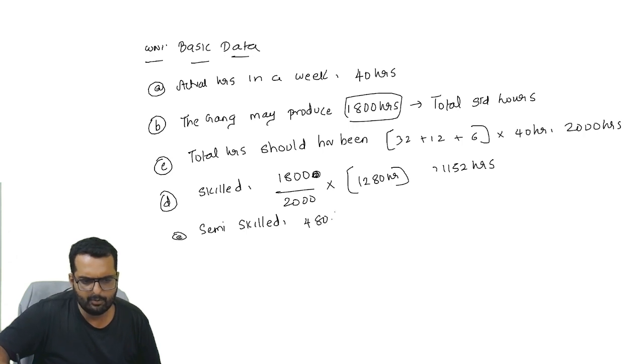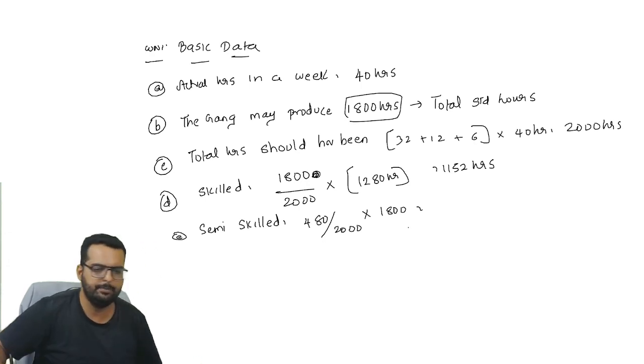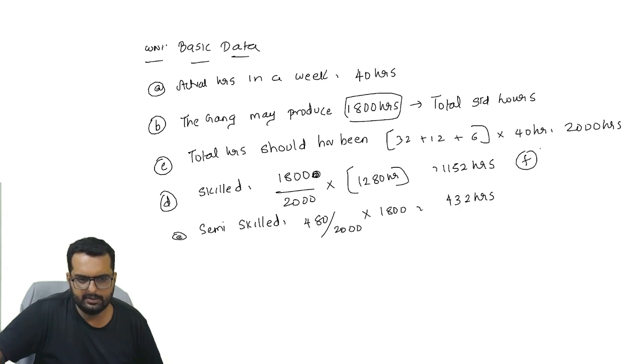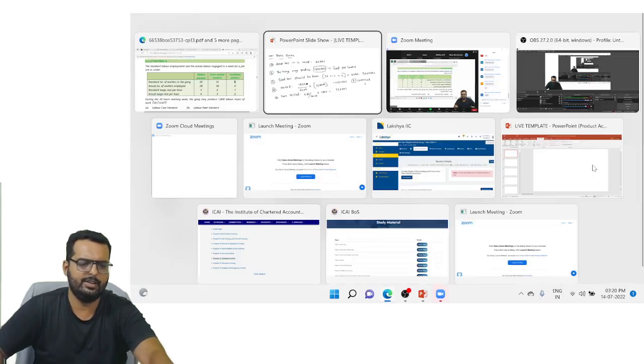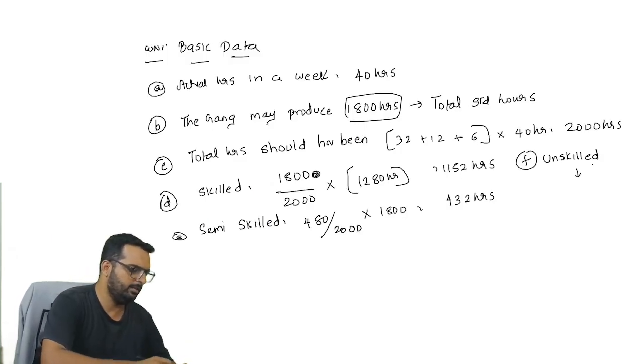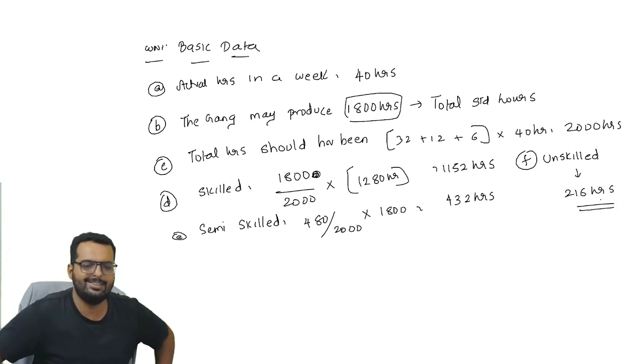It should have been 480, but now it will be divided by 2000 into 1800. 432 hours. After these two, last you will have what? You will have unskilled. Unskilled is how many hours? 6 into 40, that is 240, divided by 2000 into 1800. You will get the answer as 216 hours.